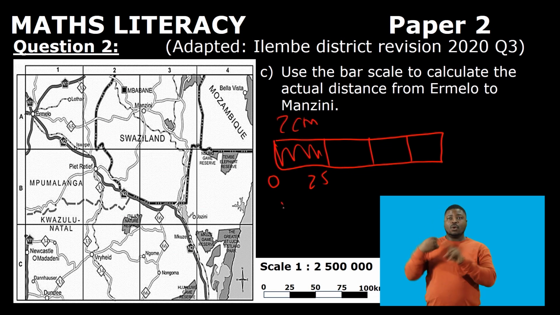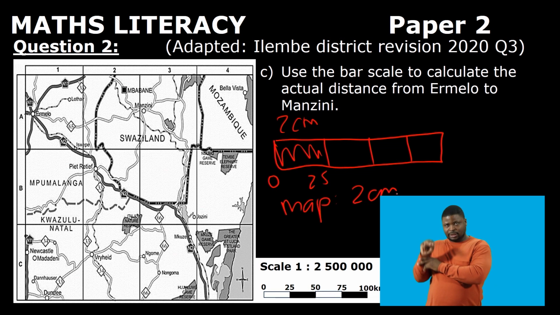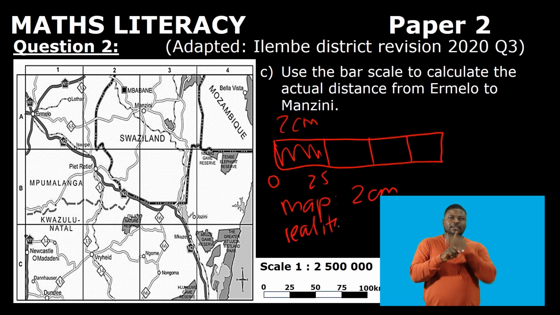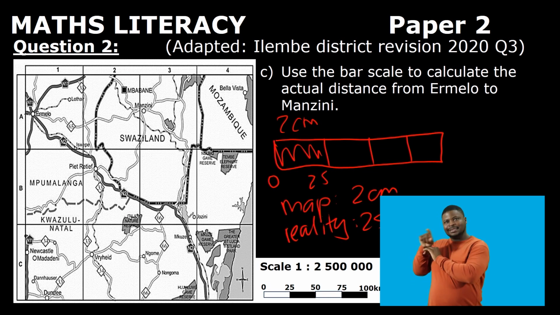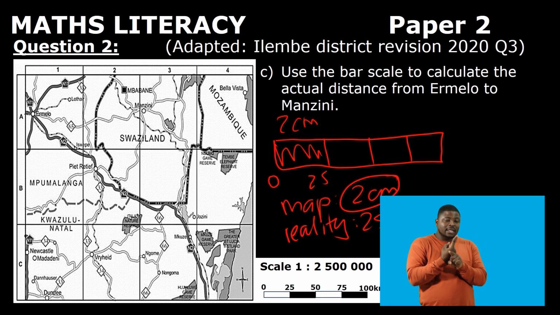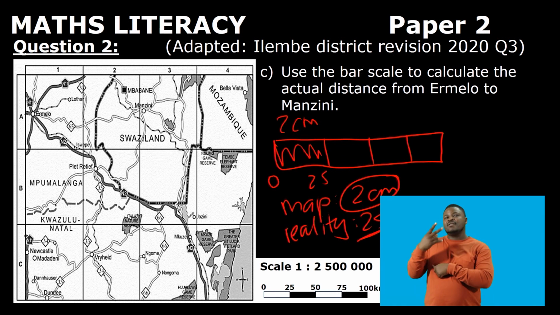Then we know on the map it's 2 centimeters, and in reality it is 25 kilometers. So every 2 centimeters on the map will be 25 kilometers in reality.